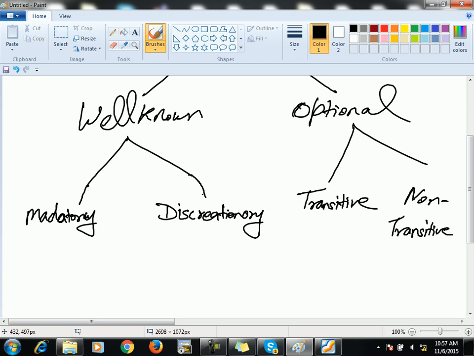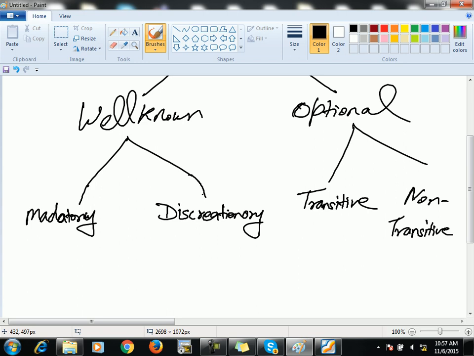Well-known mandatory are those attributes which will always be carried forward within BGP updates, whether they are going towards an IBGP neighbor or an EBGP neighbor, whatever it is, doesn't matter. But remember, well-known mandatory attributes will always be carried forward in BGP updates, always. So those attributes will be known as mandatory attributes.